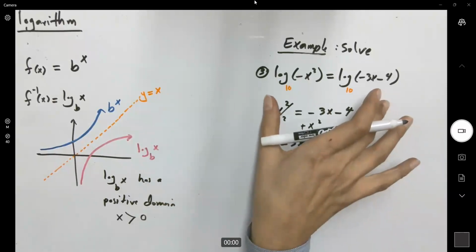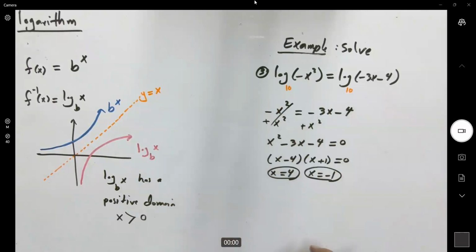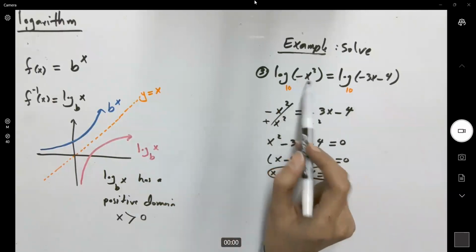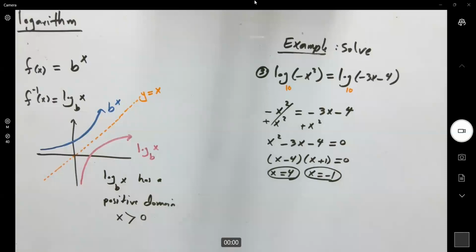Now take a look at this equation. On the left-hand side, you have negative x squared. Let us take a look at Desmos. Let's get help from Desmos to graph log of negative x squared. So let me open up Desmos.